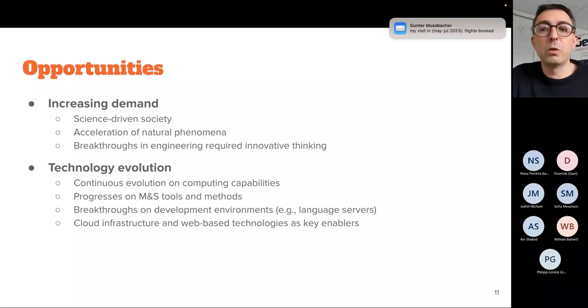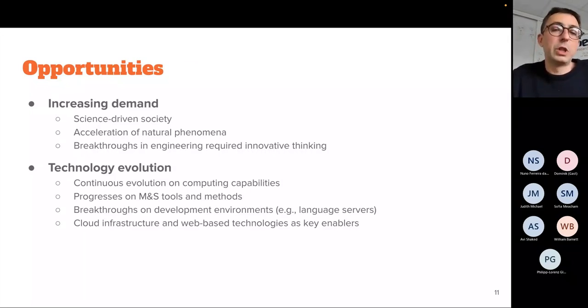We talked in the previous talk about language servers, for example. And one of the key changes in the past years is that we are more and more going to cloud infrastructure. I don't want to say web, but mostly cloud native applications, such that we can have easy access from our browser to very complex tools that we are building.